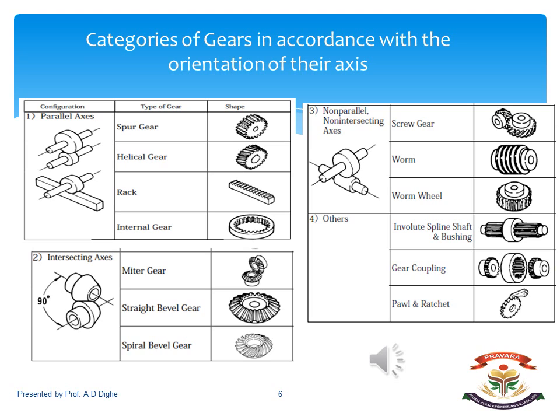In practical applications, other than these basic types, there are some power transmitting elements which act as gears. The first one is the involute spline shaft and its bushing. Then second is a gear coupling. Now the third one is the ratchet and pawl mechanism. So this is the review of the classification of gears.